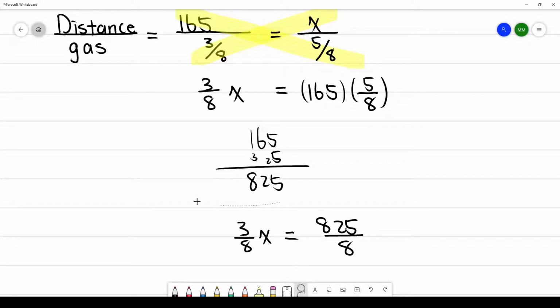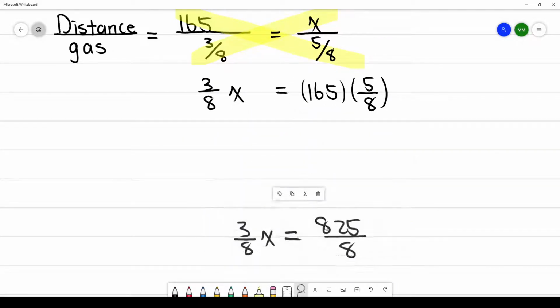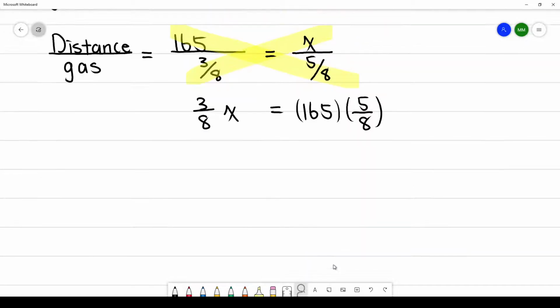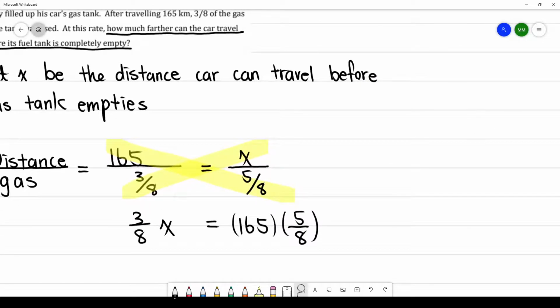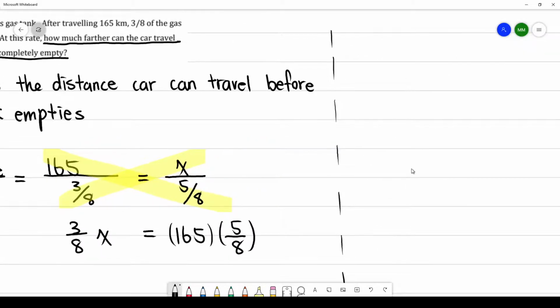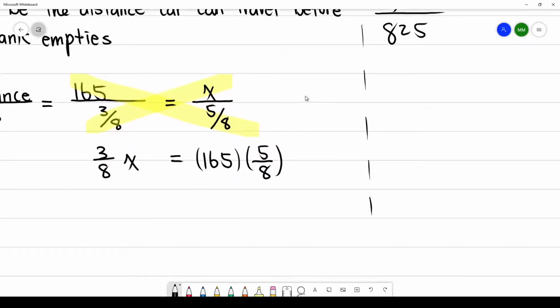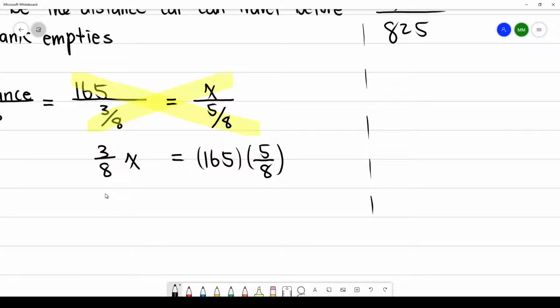You, the person doing it, might get confused, and the person marking it will definitely get confused, because there's suddenly a work calculation there. So what I would do is, on the side, it can be the left side or the right side, doesn't matter, draw a dotted line. And over here, you do your calculation: 165 times 5, 5, 2, 2, 3, 8. And then with that number, you just go back to here and directly use it.